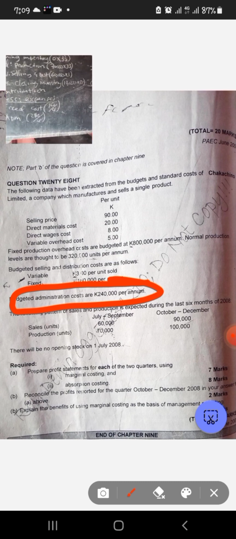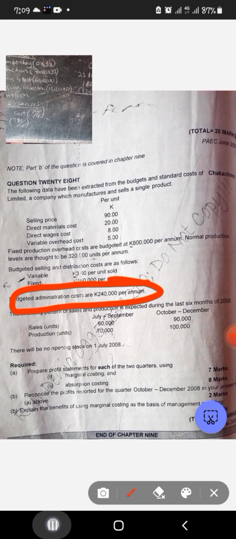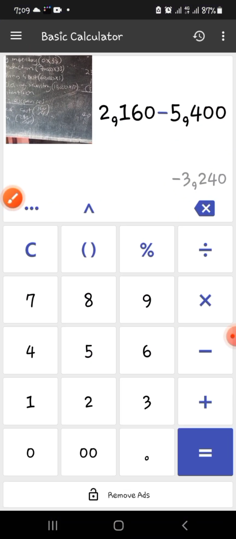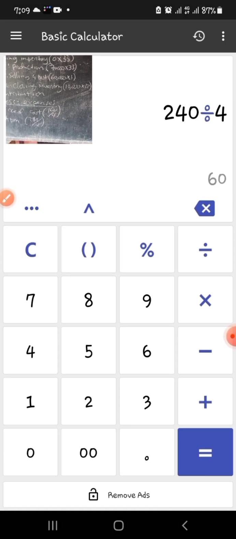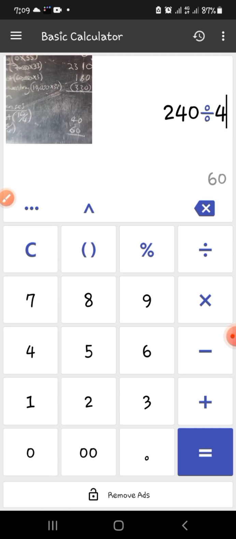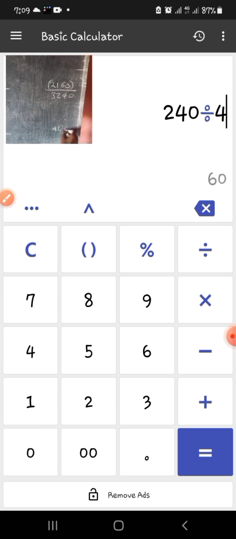So 240 divided by 4, because when we say quarter, we are looking at 4. So it should be 60. When you add this, it's going to give you 100. So it's going to come here as 100.